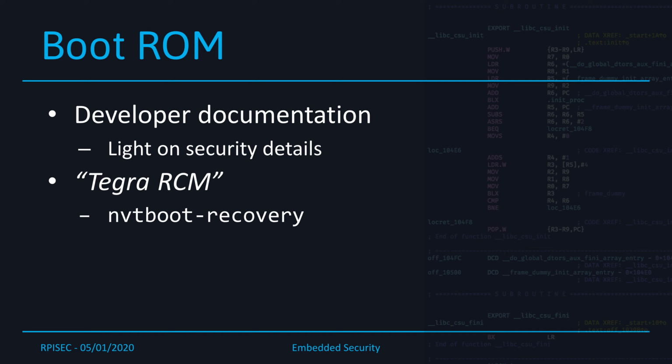And so what is RCM? What is this recovery mode? Well, it's a USB recovery mode. So it is used primarily for provisioning devices. It is enabled on production devices.